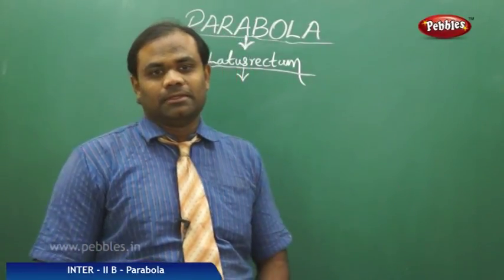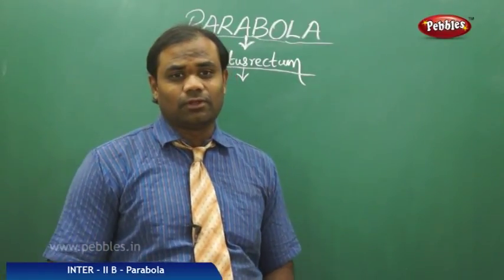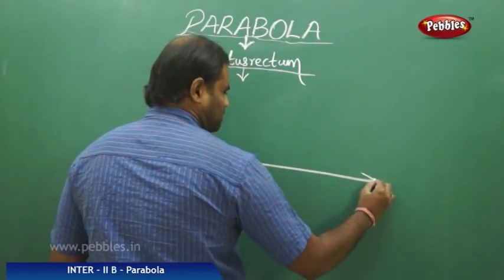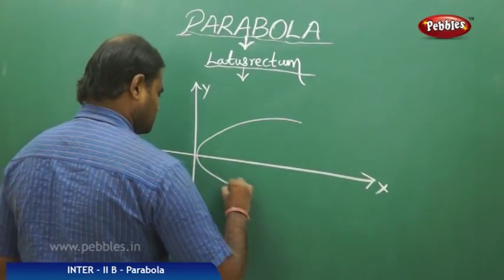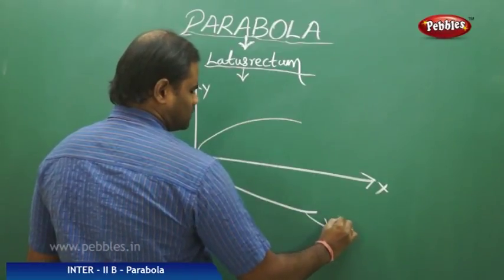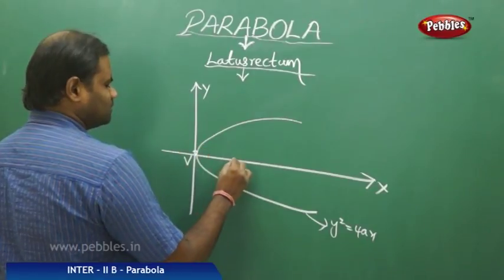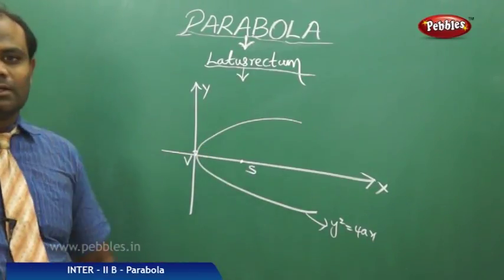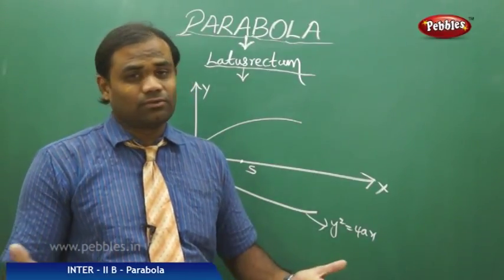Latus rectum. So let's understand what exactly is a latus rectum for the parabola. Suppose I take a parabola with x-axis and y-axis in the form y square equal to 4ax. I have the vertex here and my focus is out here. So latus rectum is defined as the double ordinate which passes through focus.